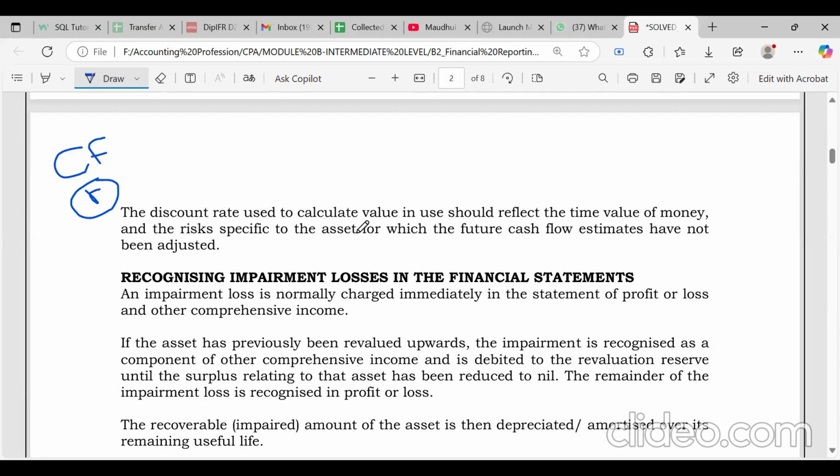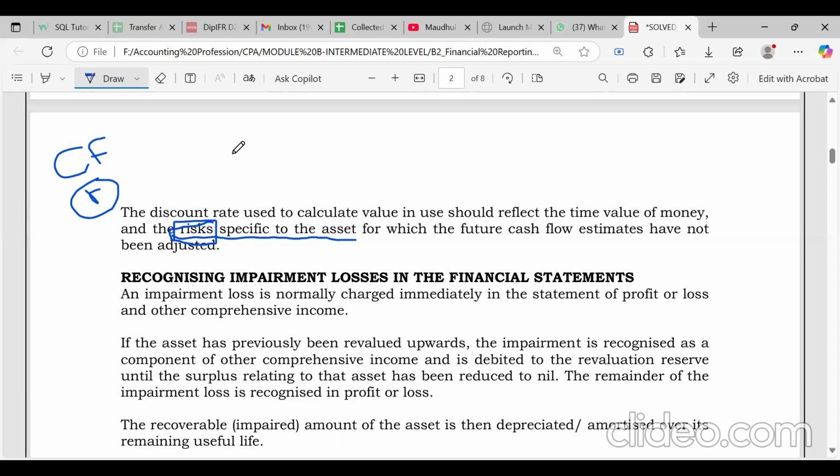A lot of this, if we need to go so deep into it, is done in financial management. But for this case, it won't be a problem. They'll just provide it. So it should reflect the risk to the asset for which the future cash flow estimates have not been adjusted. You see that? I want to remind you something.